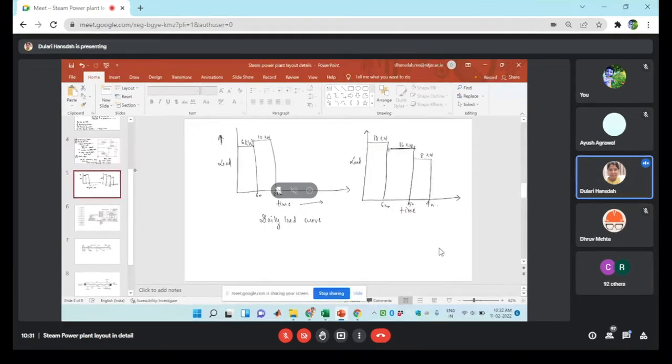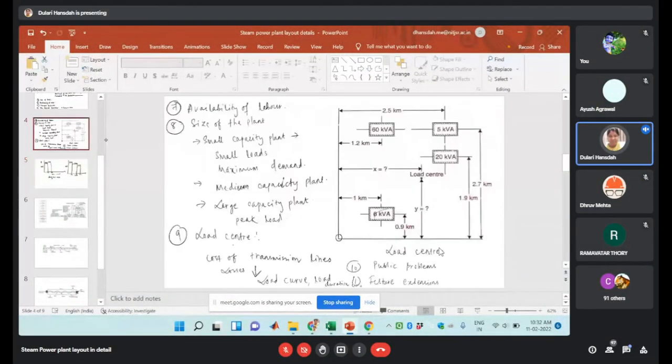You are asking how it is related to the load curve. It is not exactly related to the load center. It is related to small, medium and large capacity plants, which depend upon the peak load, maximum load, or base load. So it is closely related to the plant capacity.